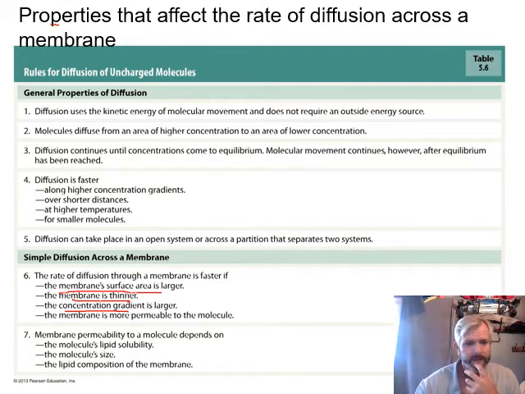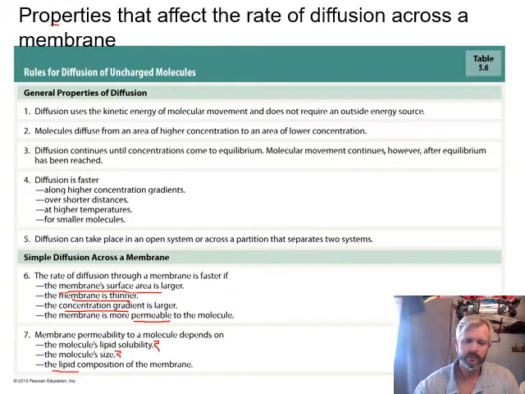Is the membrane more permeable? This is an added component, in that we have to determine whether the molecule is permeable to the membrane. And what determines membrane permeability? We've already discussed some of this: lipid soluble means more permeable, and smaller molecular size is usually much faster.